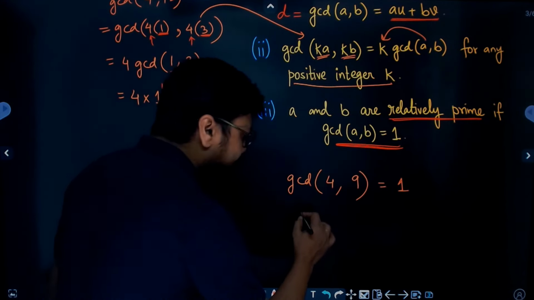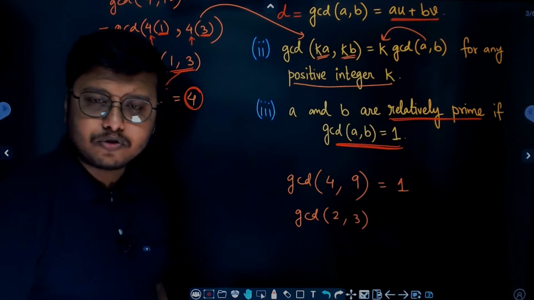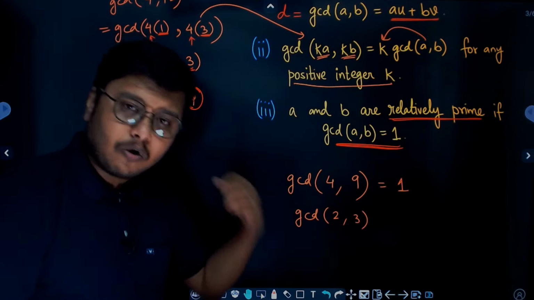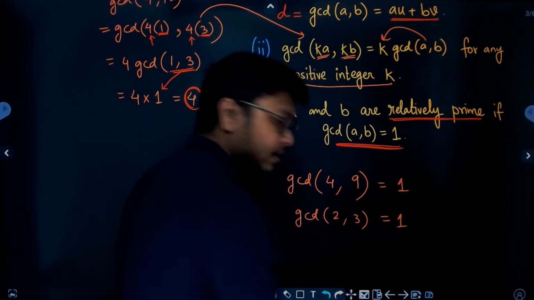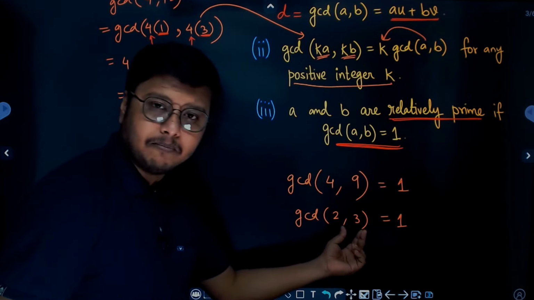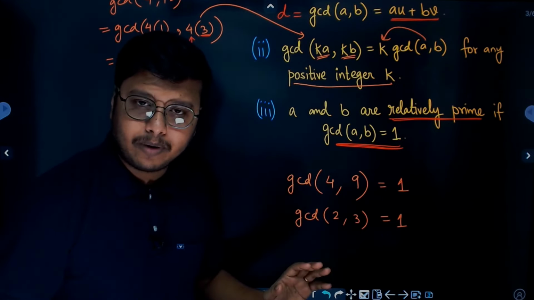Now if I take two prime numbers, for example 2 and 3, two prime numbers are always relatively prime, because the only common factor is 1. But if I take two non-prime integers which still don't have any factor common other than 1, in any case we are going to call them relatively prime.